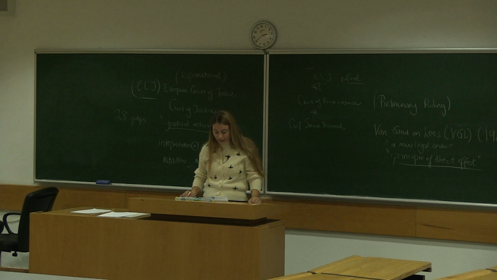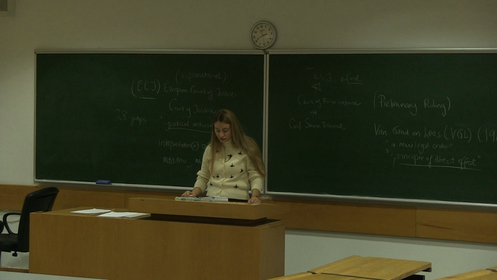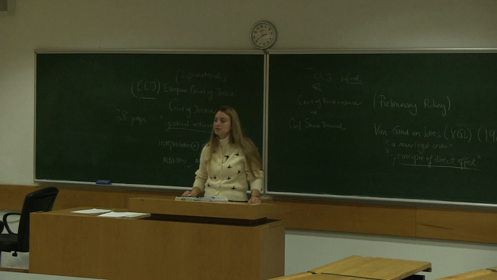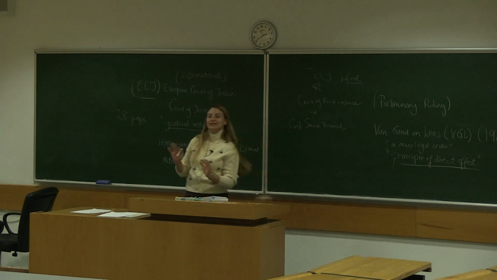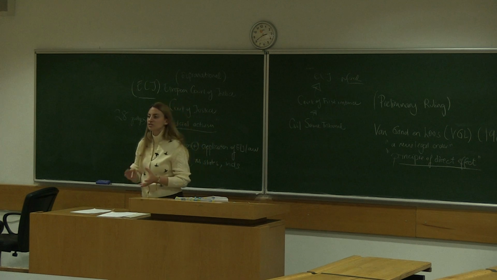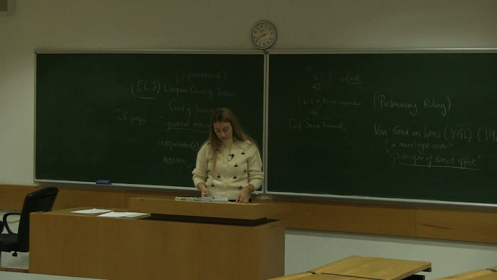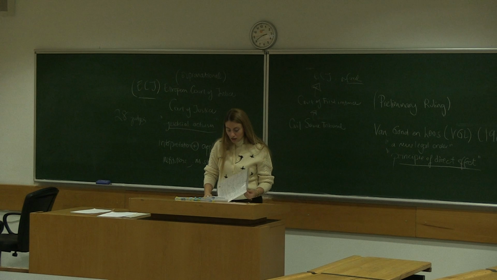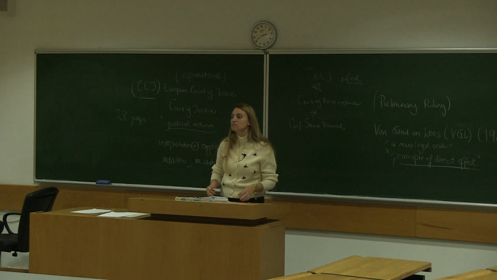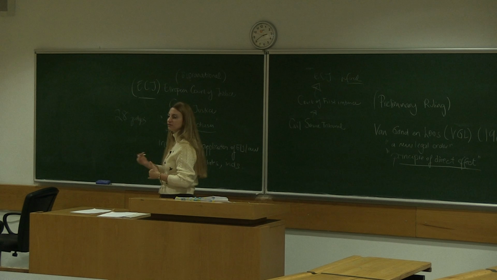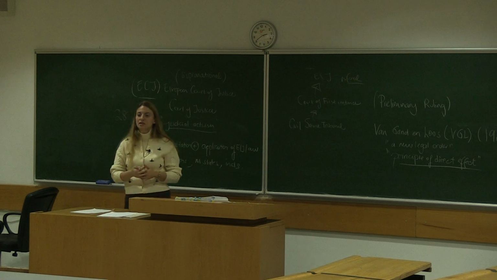It confirmed the binding nature of the community law, and member states should internalize it without the need of national implementation measures within their domestic legal system. So let's try to understand what they're trying to do here. There are different types of legal systems, as I said: monist versus dualist legal systems.